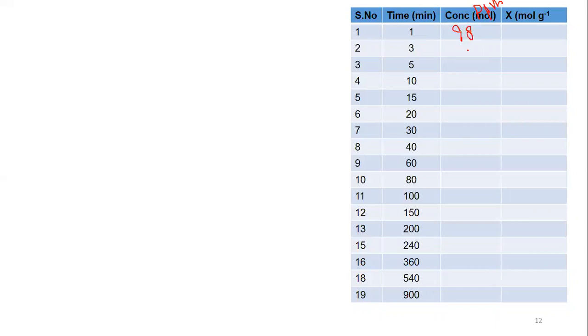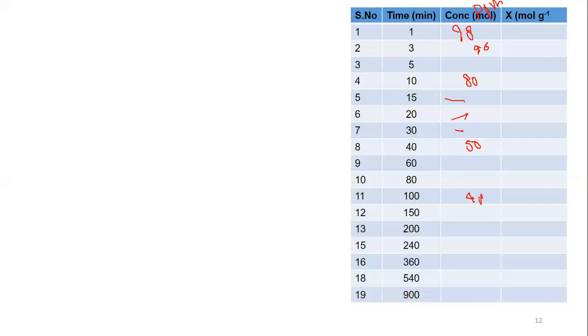And then here, let's suppose it is 96 ppm, and after 10 minutes it is 80 ppm. And after 20 minutes, you need to also find out all these, but for the sake of simplicity, I'm writing this. After 40 minutes, you find out that it is 50 ppm. And after 100 minutes, you find out that you have 4 ppm, let's suppose.